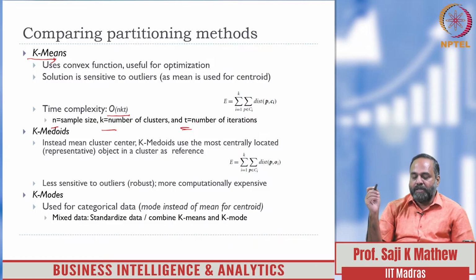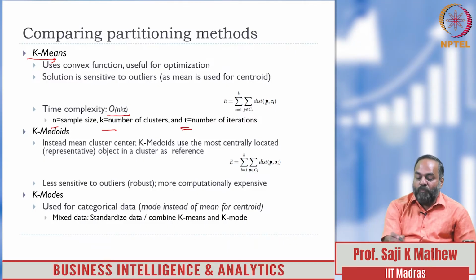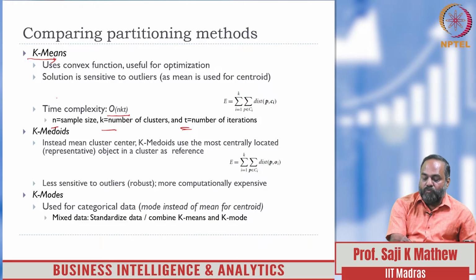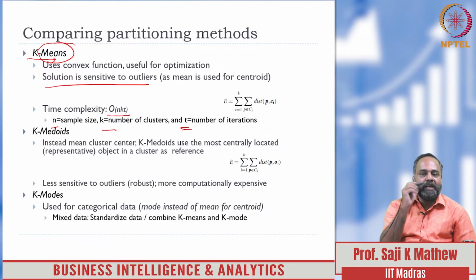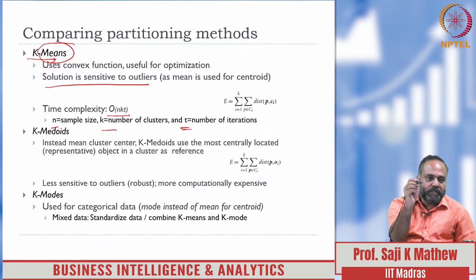One challenge with k-means is that the centroid is an average of the feature values and therefore the solution is sensitive to outliers. A centroid can lie at one corner of the cluster if there are outliers.